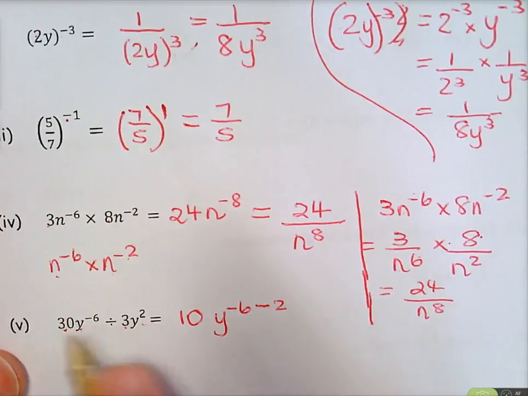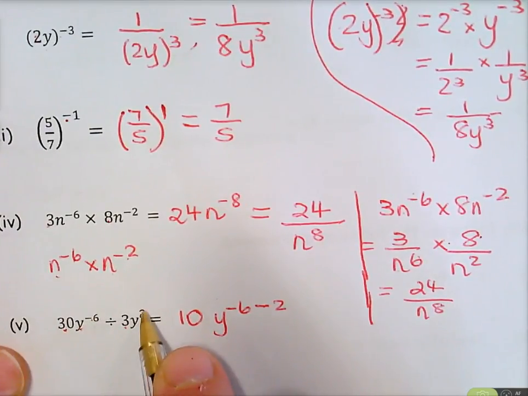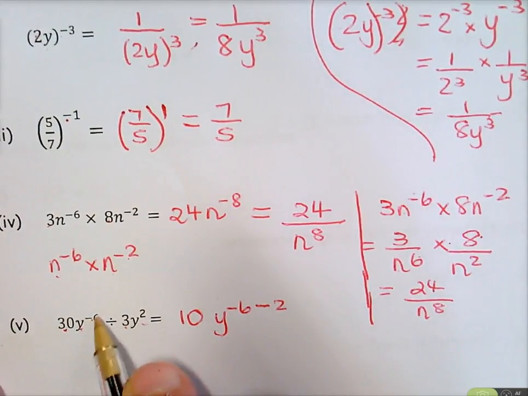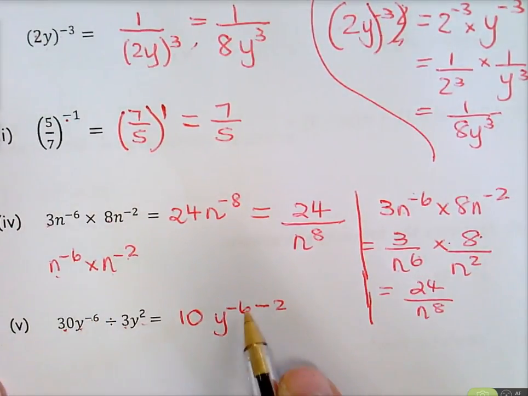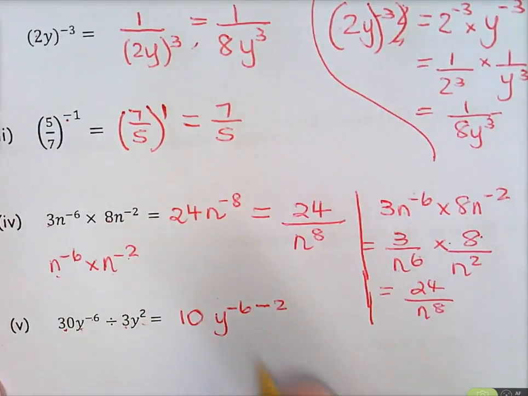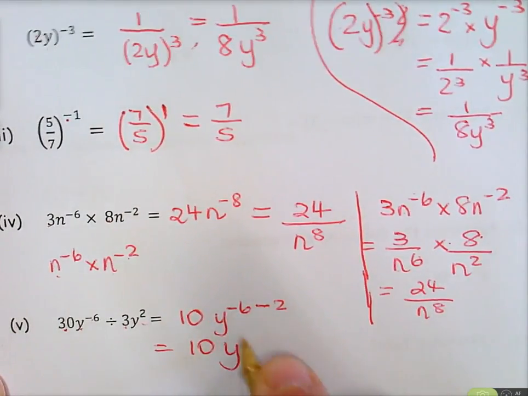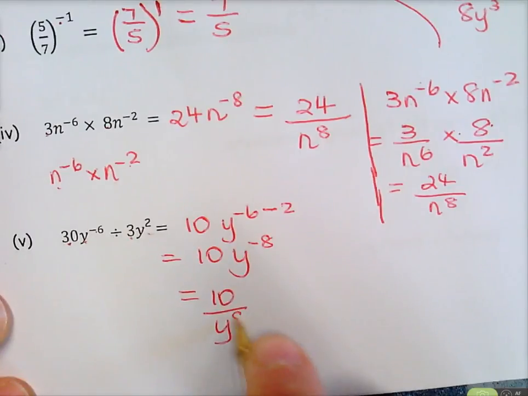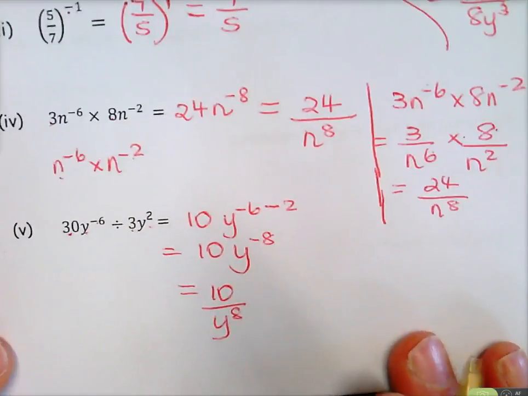When you're dividing, if that was +6 and that was +2, you'd go 6 minus 2. Just because it's -6, it's whatever this index is, take away whatever the next index is, and you'd get 10 times y to the -6 minus 2 is -8, and you'd get 10 over y to the power of 8. That's one way of doing it.